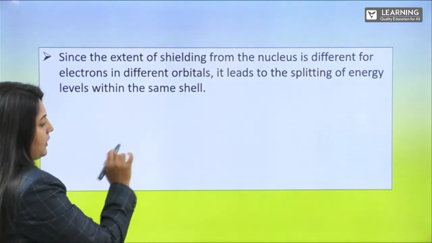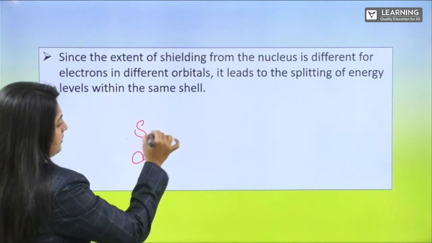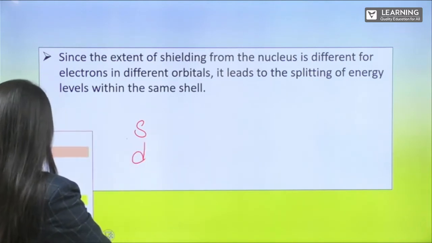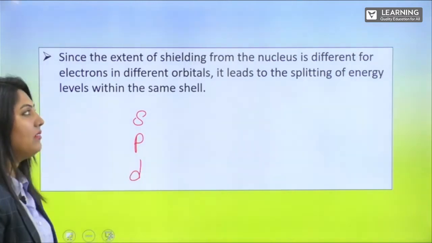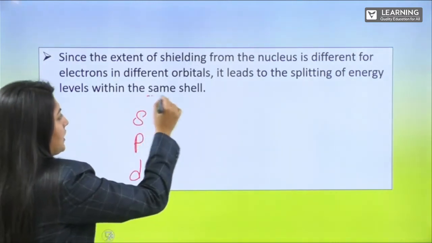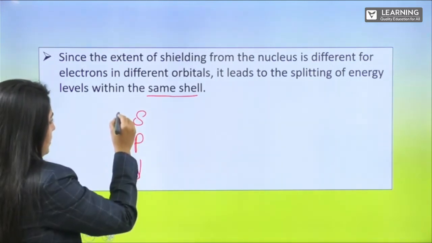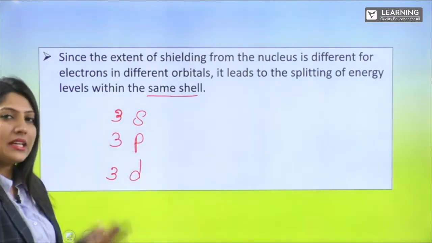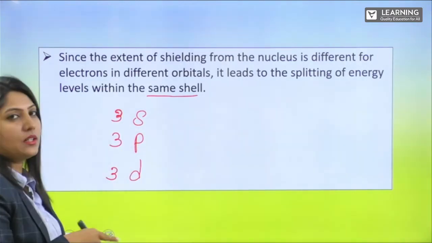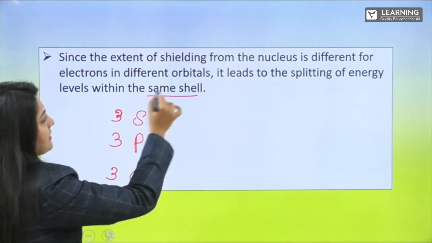We have s, p and d orbitals, all of the same shell. If I take 3, then 3s, 3p, 3d are all in the third shell.